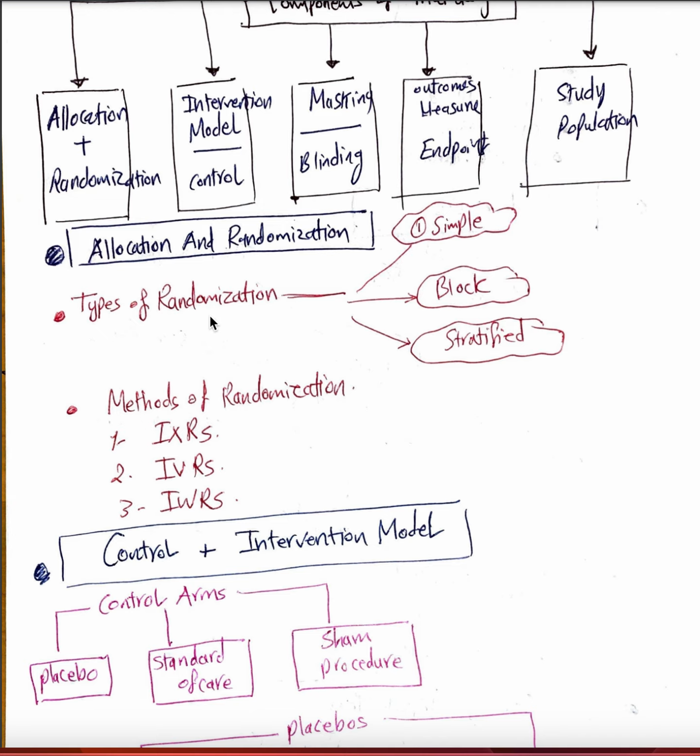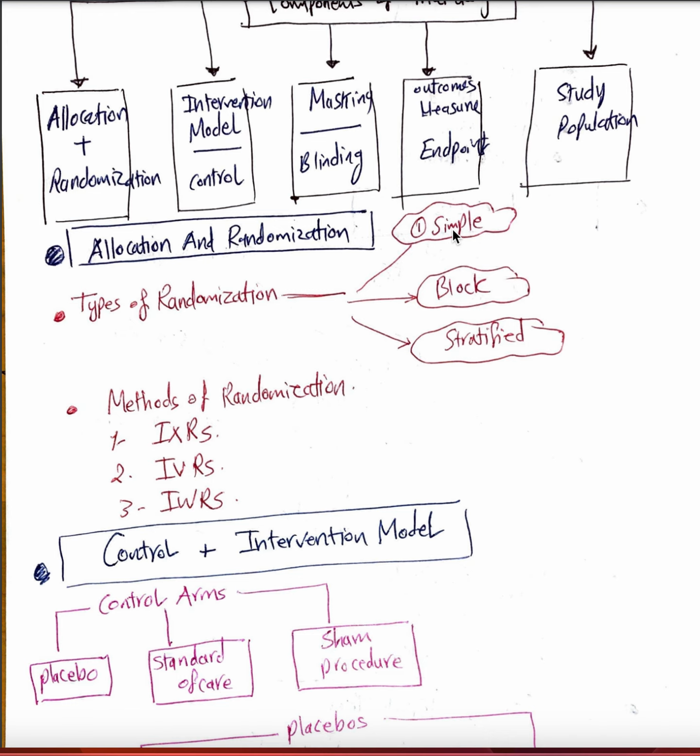What are the types of randomization? The types are simple, block, and stratified. Simple randomization means we just select the people randomly. We don't know their age or their name.